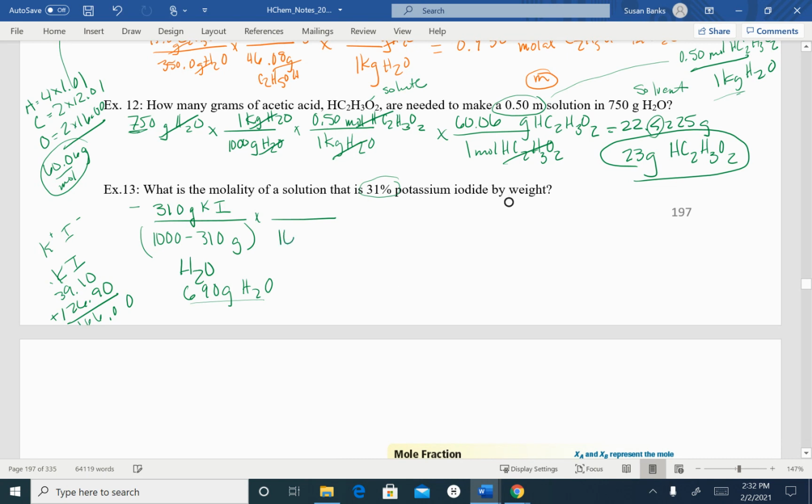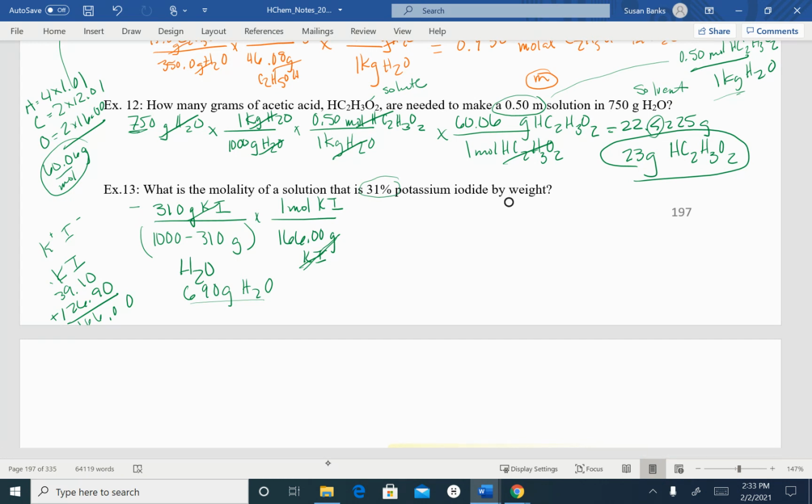So in 166.00 grams of potassium iodide, I have 1 mole of potassium iodide. Okay, so my grams of potassium iodide cancel, and I now just have moles of potassium iodide, which is what I want. And then the next thing, I need to get the grams of water into kilograms.